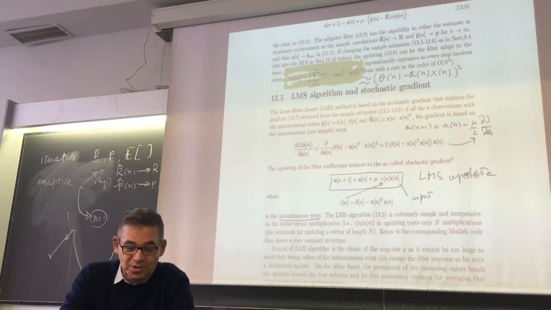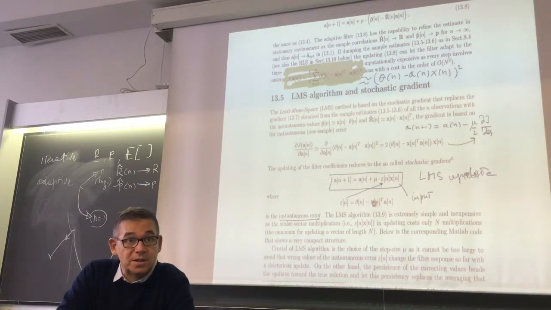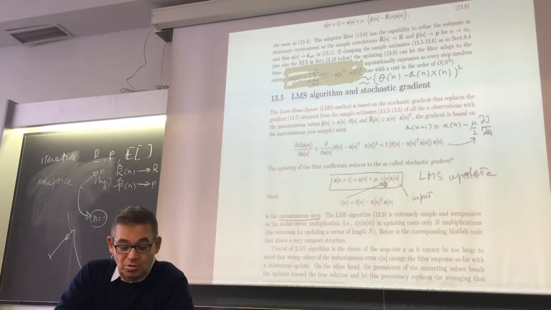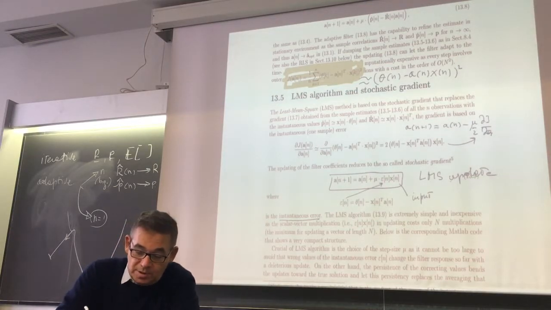This you have already to compute. The error is just a sum, so the cost is the cost of a sum. You have the error, and this is the vector of the input. The vector of the input is n times 1.